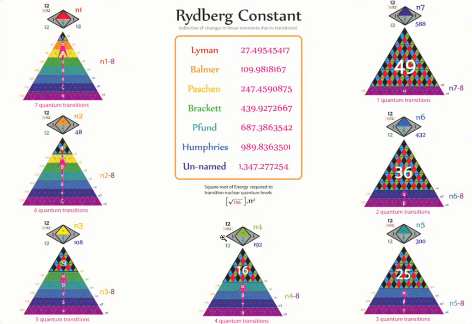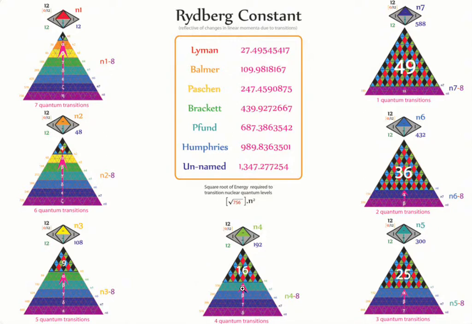These energy changes of chem fields, as we've just discussed, are illustrated here. In this case, we're showing Rydberg's constant, which is just a measure of the linear momenta of the chem fields. Again, this is discussed in much more detail with spectral line emissions.